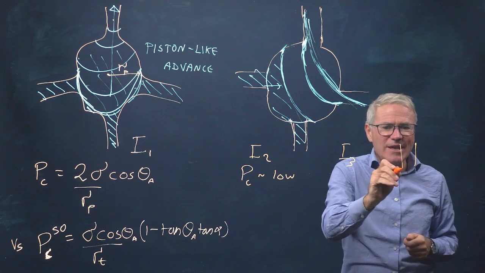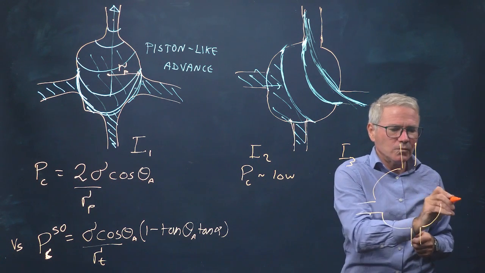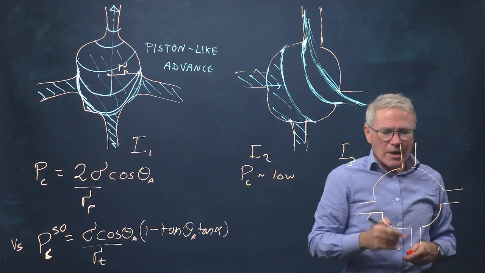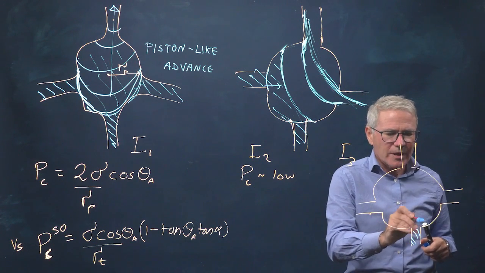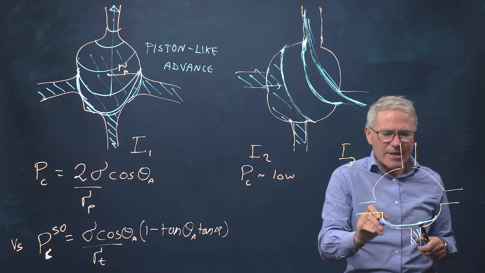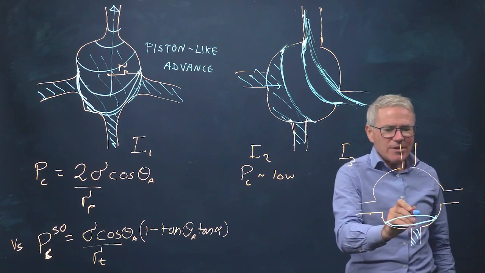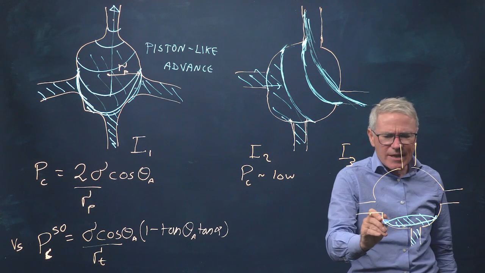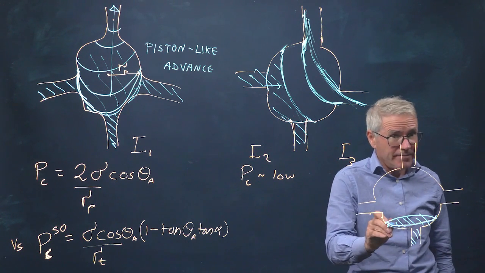Okay, so I can draw it down here. Here, the water advances from just one throat. And if it does that, you can actually have to have a situation where the water bulges out into the oil. And you might say, no, that's not right. Yes, it is. This is the contact angle. It's less than 90 degrees. Okay?